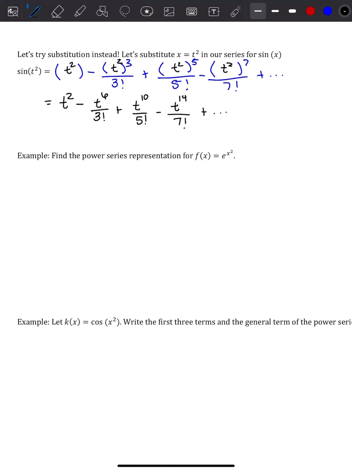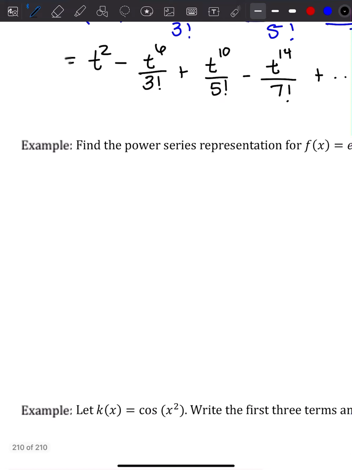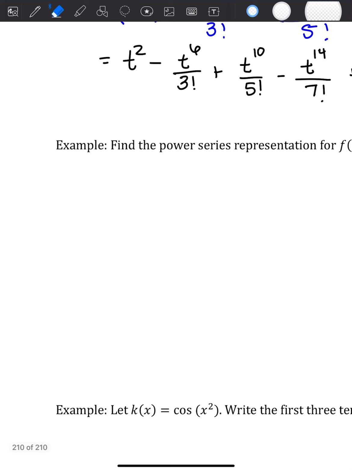Okay, so let's look at the power series representation for e to the x squared. At its base, instead of doing e to the x, we're going to say e to the u, where u is going to be what we want, x squared. At its base, we have e to the u power.